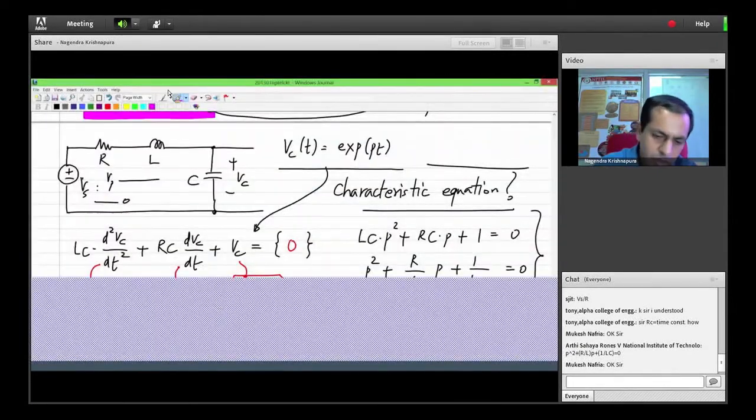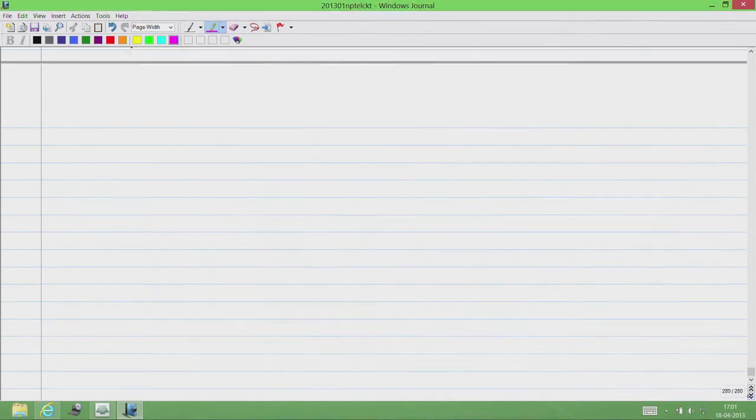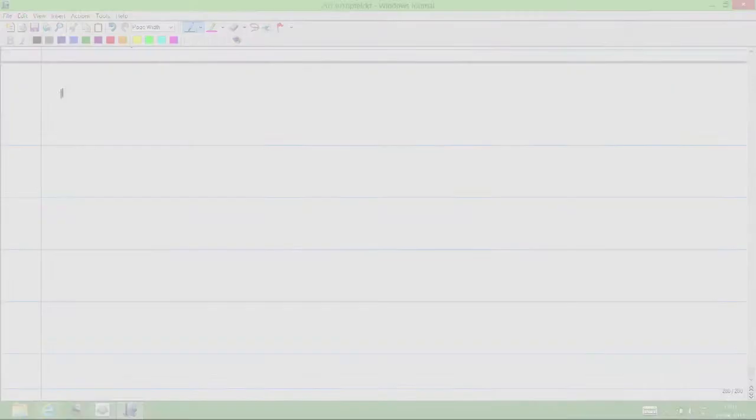So, now clearly there will be two possible solutions for P, and also the nature of solution will be different depending on the values of the coefficients.